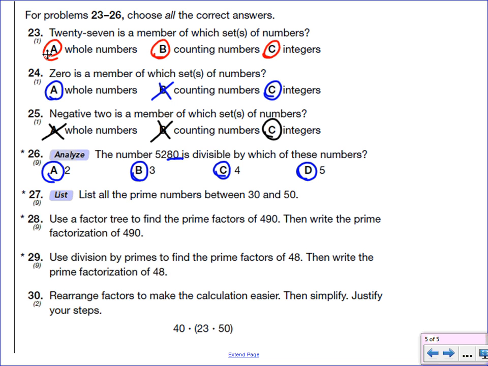List all the prime numbers between 30 and 50. So we have 30 is divisible by 2, so that's not it. 31 is not divisible by 2, not divisible by 3, because 3 plus 1 is 4. It's not divisible by 4, it's not divisible by 5. So 31.